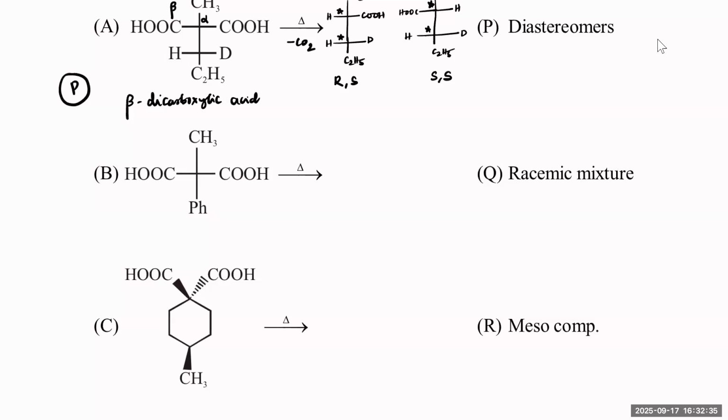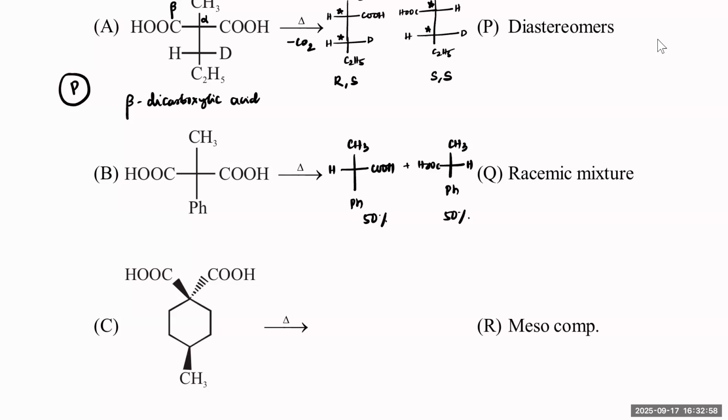Same way, here also I can do the same thing. So I can get H here, COOH here, CH3 here, and phenyl here. Likewise, I can have the acid with hydrogen here, CH3 here, and Ph here. So what are we getting? 50% of this and 50% of these are the chances. This is what I'll get.